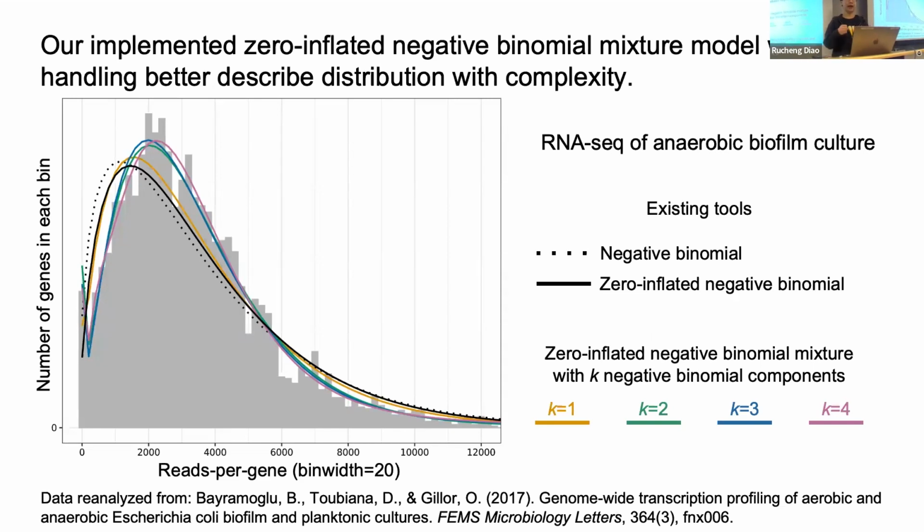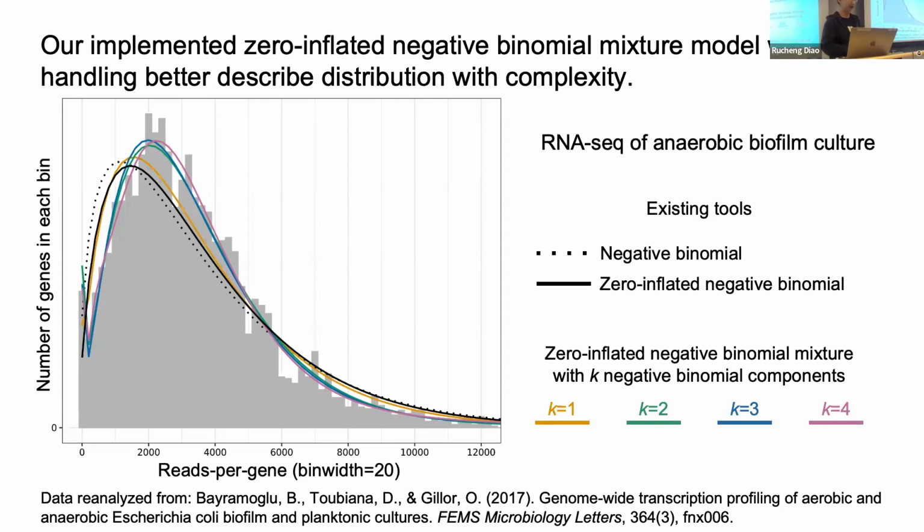That's because in our tool, we implement a noise term that can handle outliers a little better than what is currently available. That's also why our zero-inflated one-negative-binomial-component fit looks different from the existing tool. The noise handling component has so far proven pretty useful in our testing.